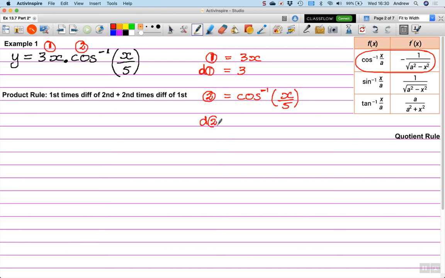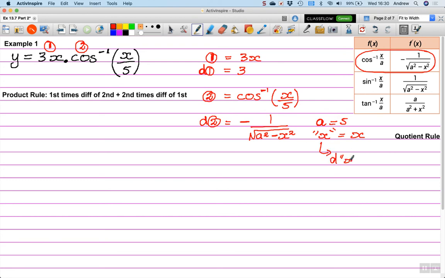So the differential of the second, we're going to use the formula, is minus 1 over the square root of a squared minus x squared. And we can clearly see that the value of a is equal to 5 and the value of x is equal to x.